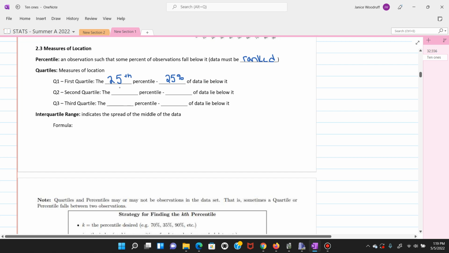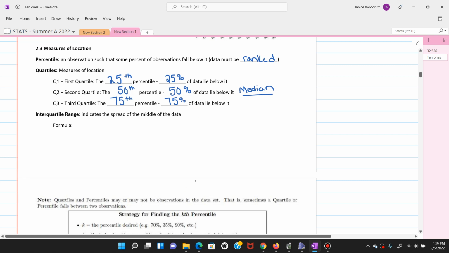The second quartile is the 50th percentile, so 50% of data will lie below it. This is also the median. The median is quartile 2. Quartile 3, the third quartile, is the 75th percentile. 75% of data lie below that value.